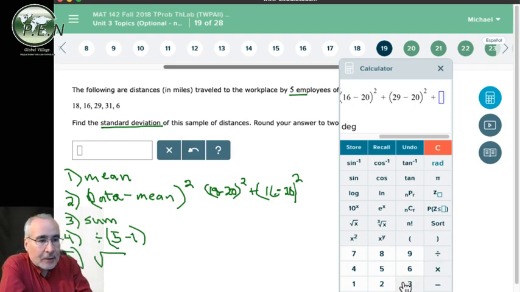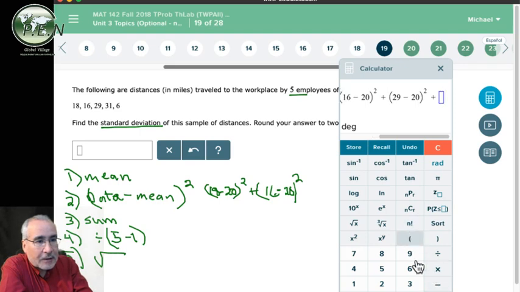Plus, we're on 31 minus 20. So these are the deviations. Getting ahead of myself, we need parentheses around this to get the proper order of operations. It's a little tedious, but we can do it.